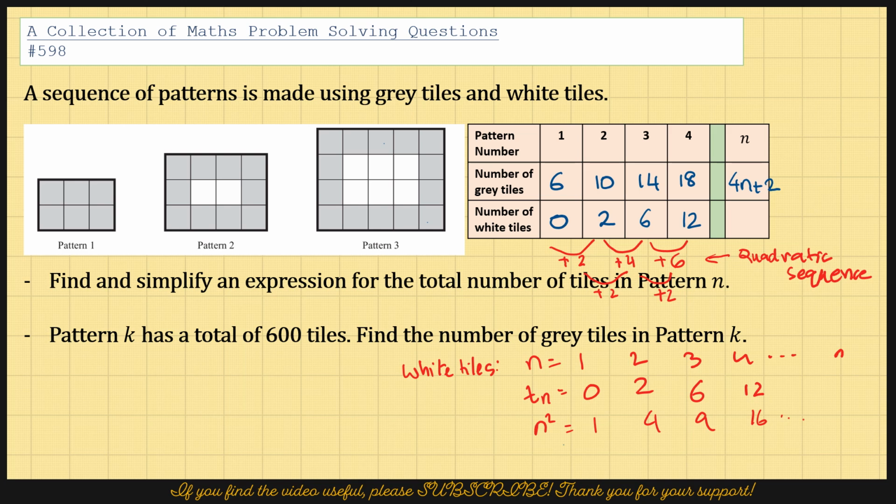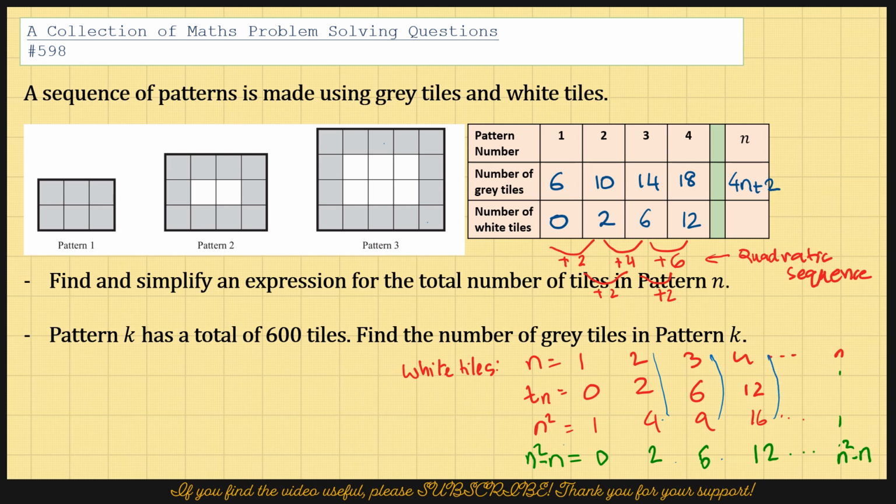If we did n square, that would be 1, 4, 9, 16. And if you did n square minus n, you can get the terms: 1 minus 1 is 0, 4 minus 2 is 2, 9 minus 3 is 6, 16 minus 4 is 12.